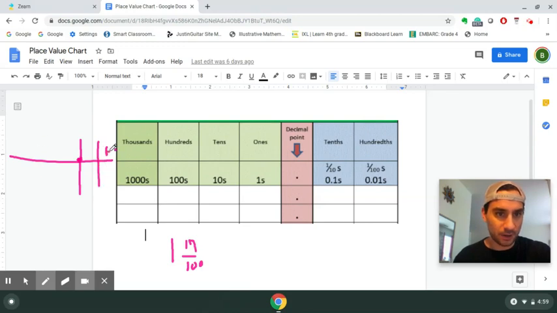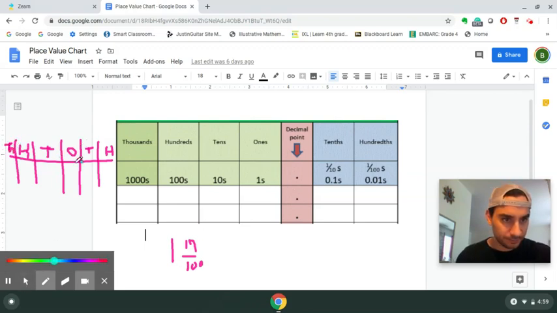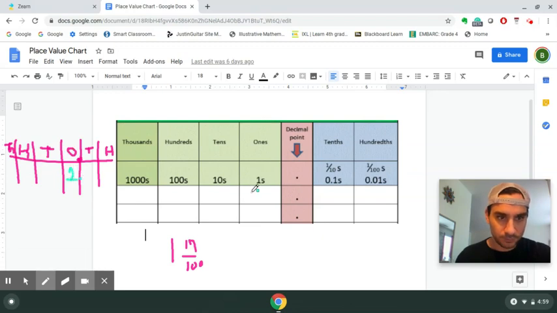We have our hundredths, our tenths, our ones, our tens, our hundredths, and our thousandths. Okay, so we have 1. I'll do it on both place value charts.